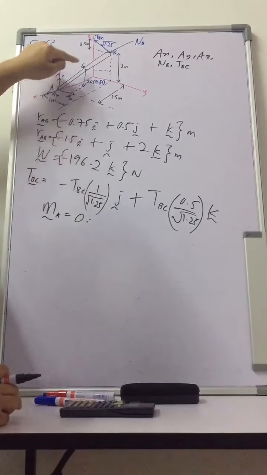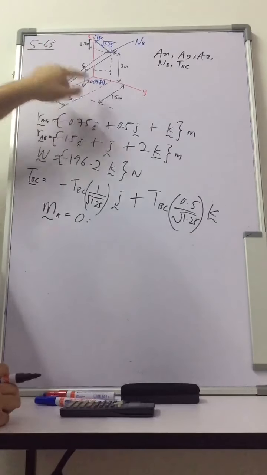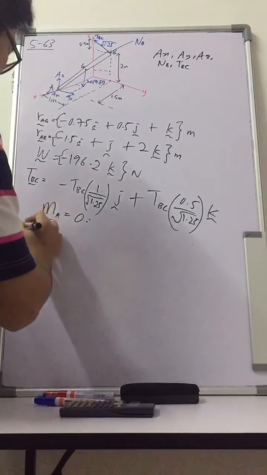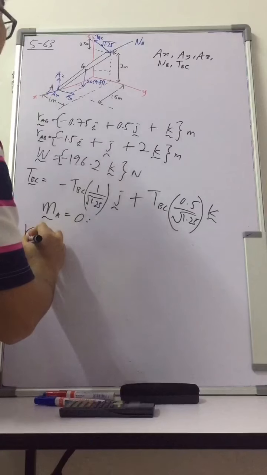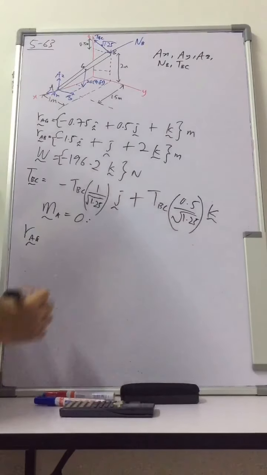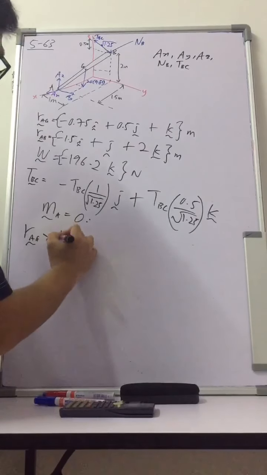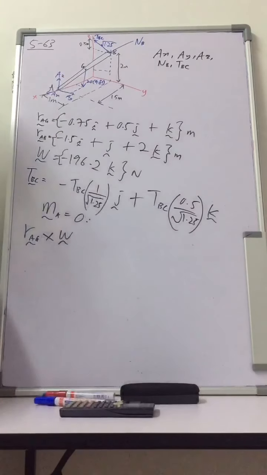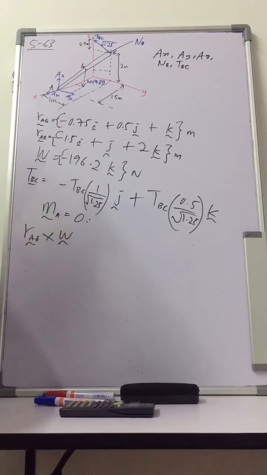To find the moment due to the weight of 20 kilogram, you have learned about this before: the vector R A G cross W. Remember that this is how to find the moment of forces in vector form.